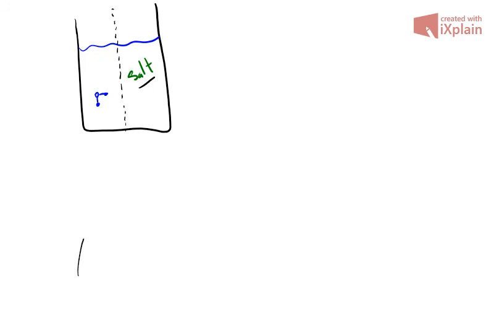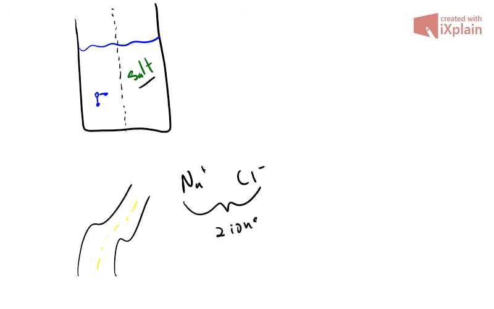So on the roads, we don't add table salt because table salt only breaks up into Na plus and Cl minus. That is only 2 ions. So to be more effective, some places add calcium chloride.